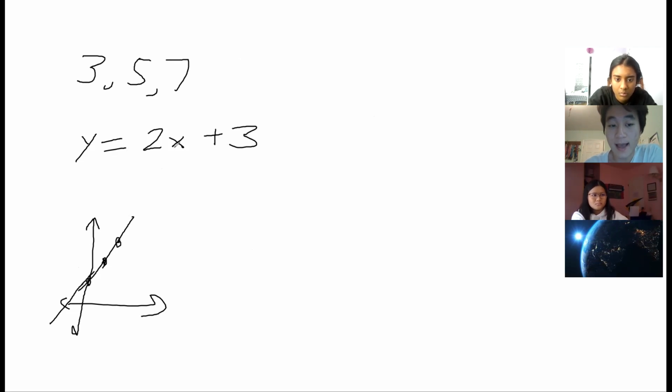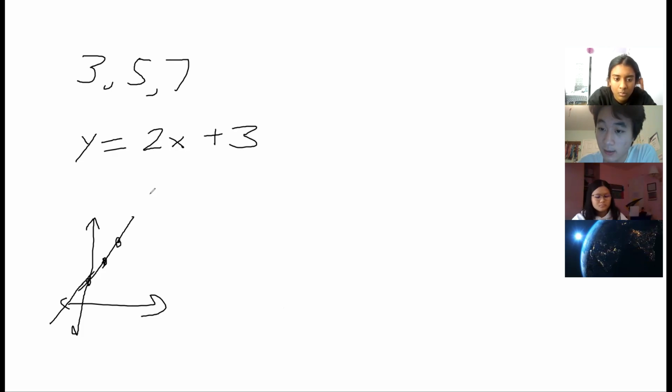It's a straight line, so even decimals work. Decimals are also covered by this equation. Another difference is that in the equation, when x equals 0, that's when y equals 3. But for terms, the first number that comes out is the first term. So a common misconception is plugging in 1 for the first term and getting 5.